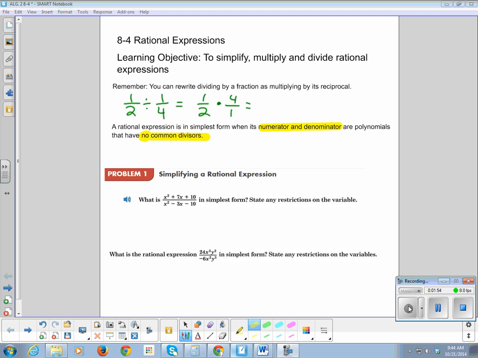All right, so we're doing 2 things. The first thing in our learning objective is to simplify rational expressions, so that's what I'm going to show you here.